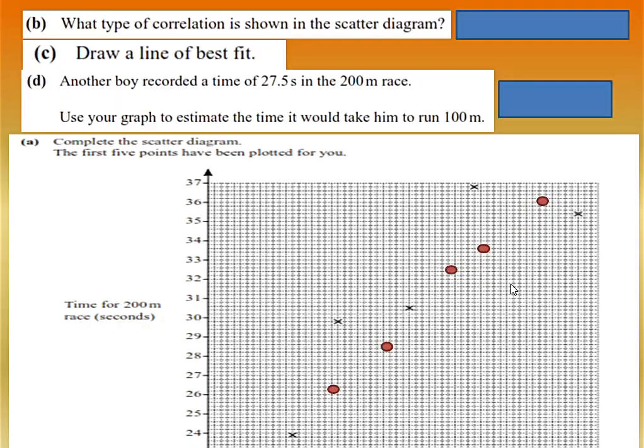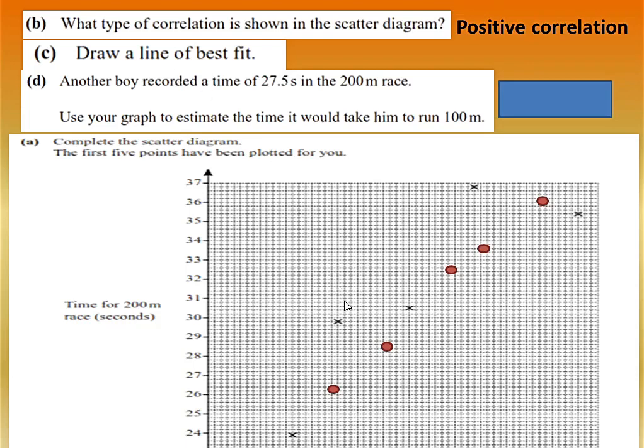Now for the B part, it is asked what type of correlation is shown in the scatter diagram. As we can see that all the points are rising to the right side. So the correlation is positive. For the C part, it is said that draw the line of best fit.